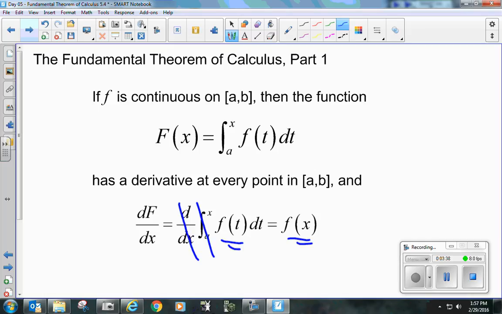Nothing really changed except the t and the x, right? Let me show you. Where do you see an x here? What position is the x in? Not just f of x. The upper bound. So it's the same function, you just put the upper bound of x in for t, and that's it.